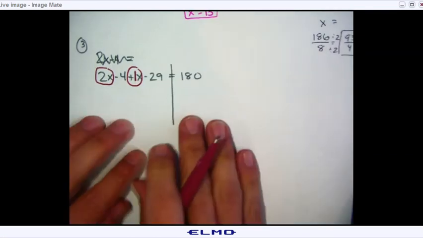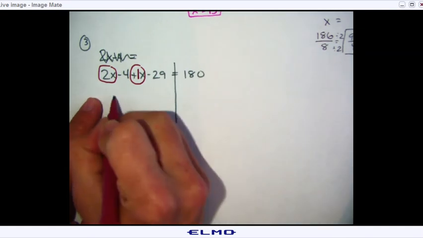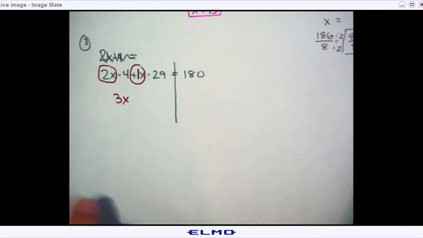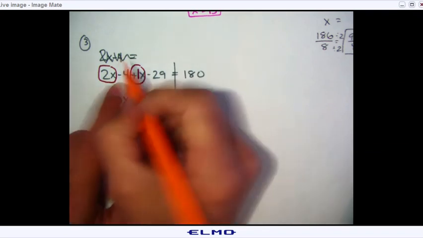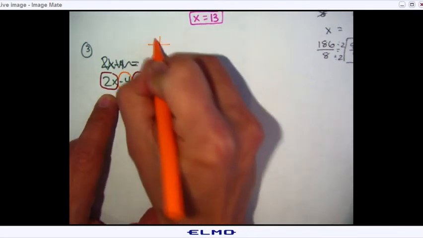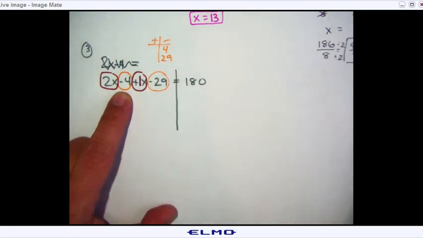So now on this problem, I'm going to add the 2x plus the 1x, which is 3x. Then I'm going to add the -4 with the -29. So I can do the T chart, and they're both going to be on the negative side. So it's like football.